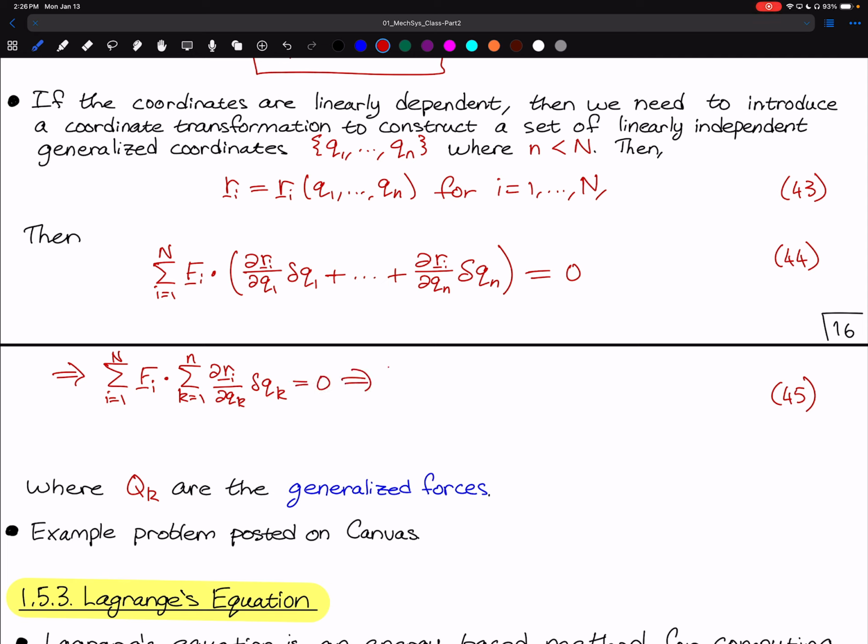And then we're going to bring the F dot inside. Oh, wait, actually, hold on. Let me start over. We're going to switch the order. We're going to have the summation from k equals 1 to n times the summation of i equals 1 to big N, and I'll give you a moment to rewrite that.